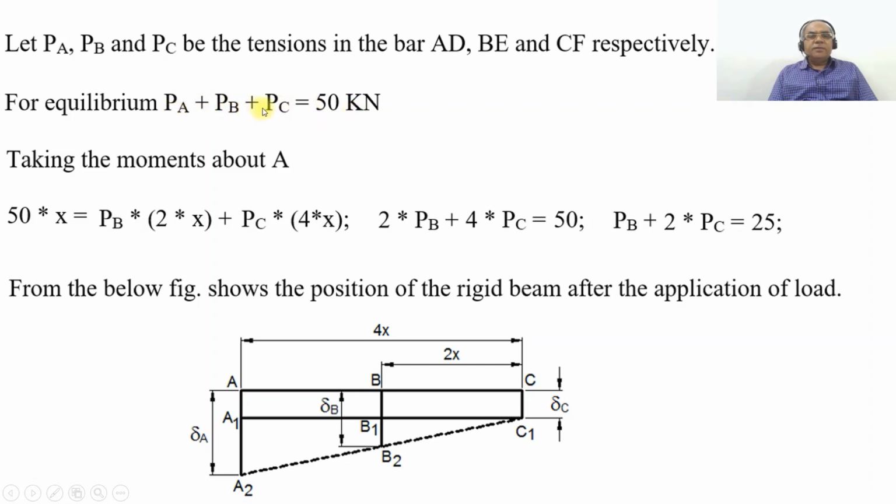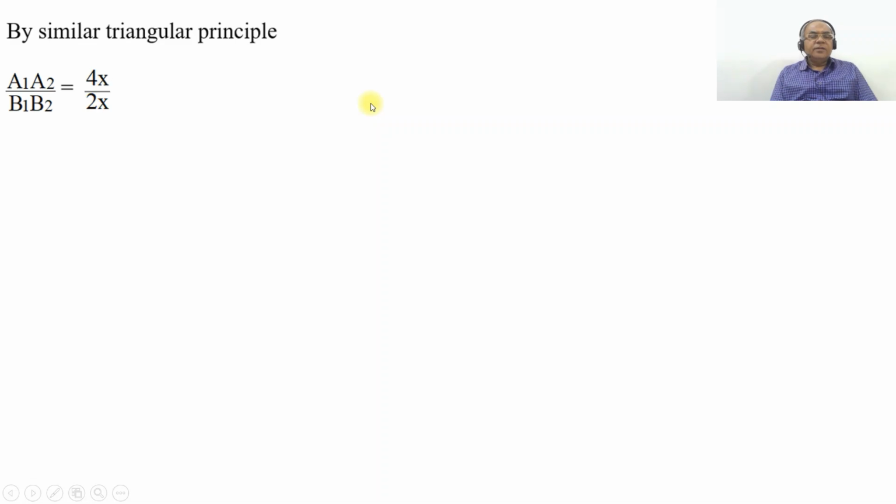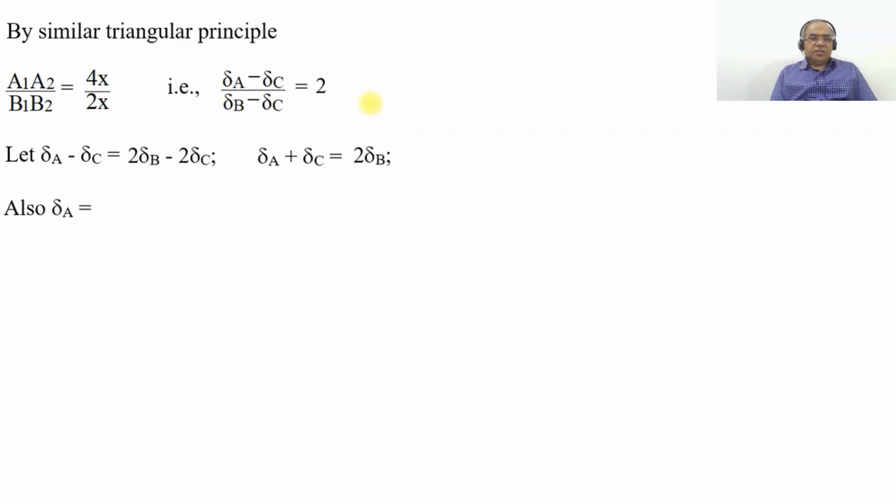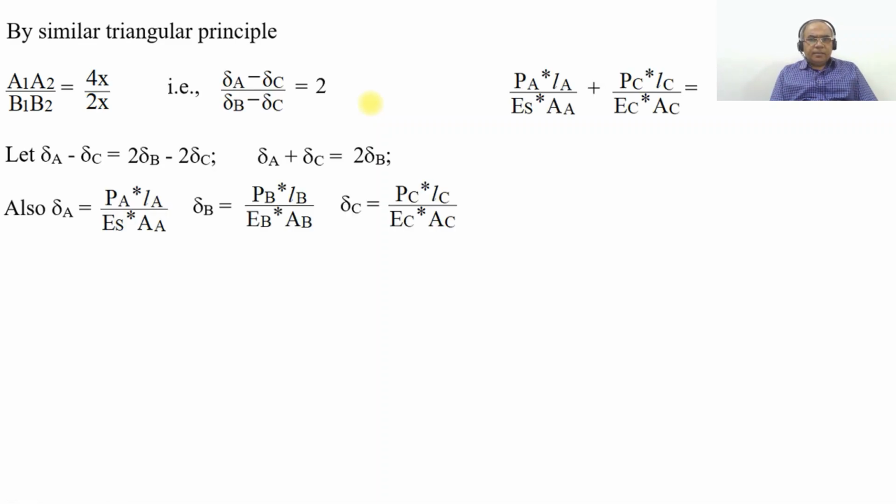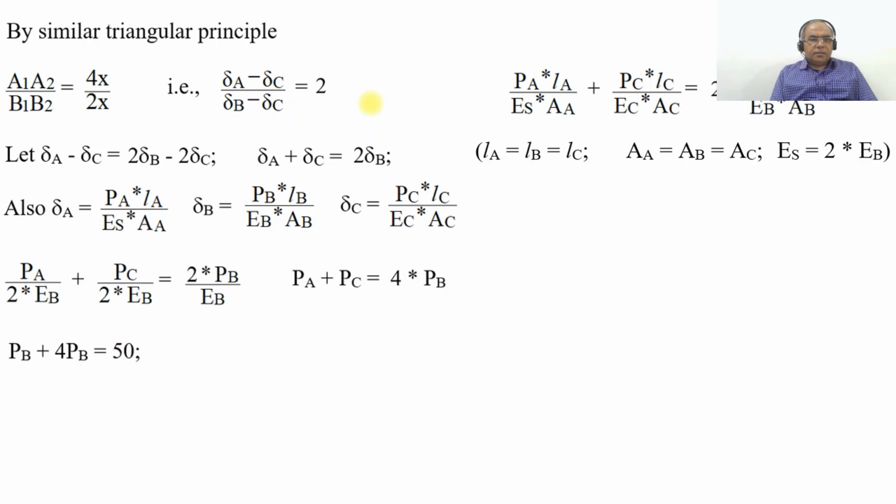We know that PA plus PC is equal to 4 times PB, so you substitute that value here. So that becomes 5 PB is equal to 50 kilonewton. That's what we have written here, PB plus 4 times PB is equal to 50.